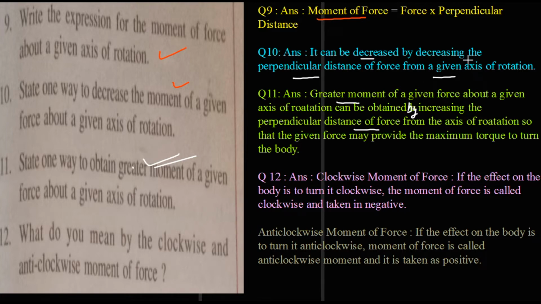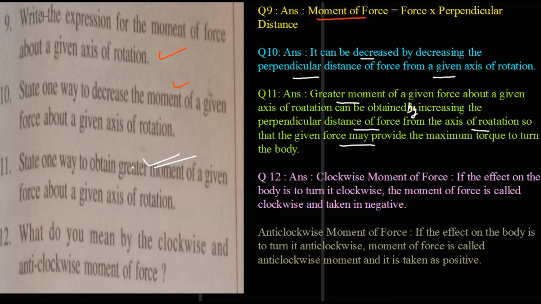Here perpendicular distance was decreased, here it will be increased. Perpendicular distance of force from where? From the axis of rotation, so that the given force may provide maximum torque to turn the body. The more the force applied, the more the body will be turned.